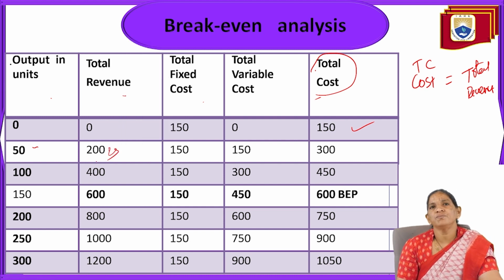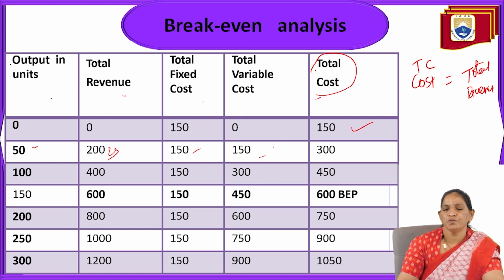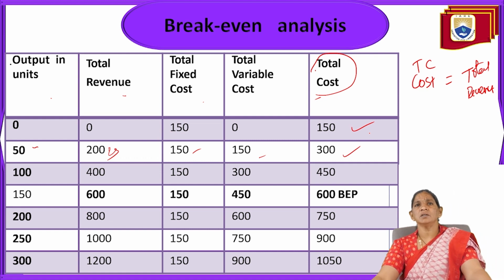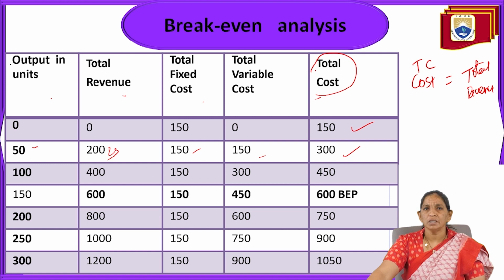For achieving that 200, the cost incurred is 150 fixed and 150 variable, and the total cost is 300. Here the revenue is 200 and the cost is 300, where both are not equal.